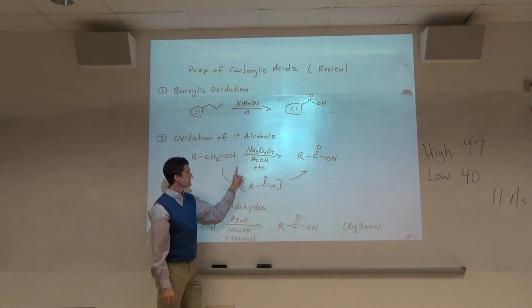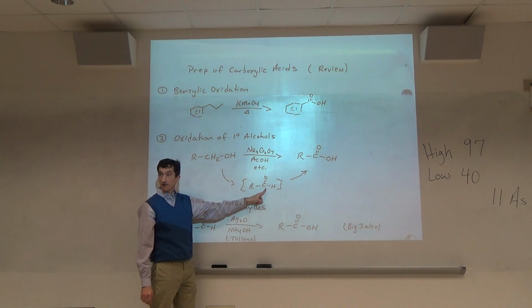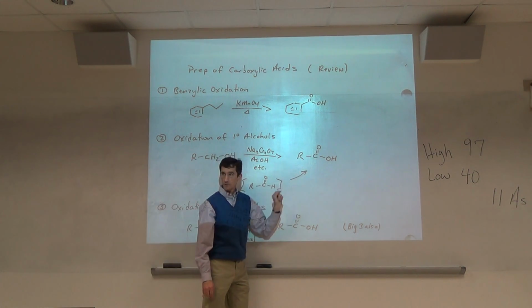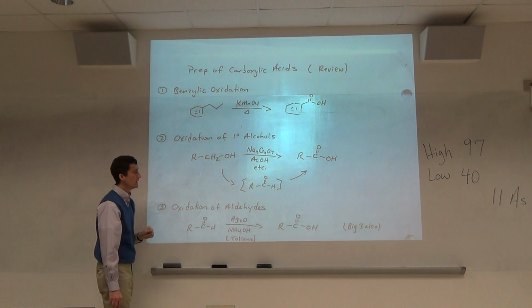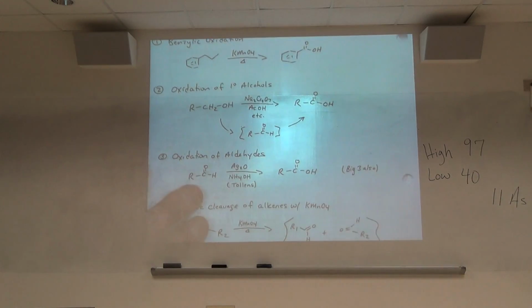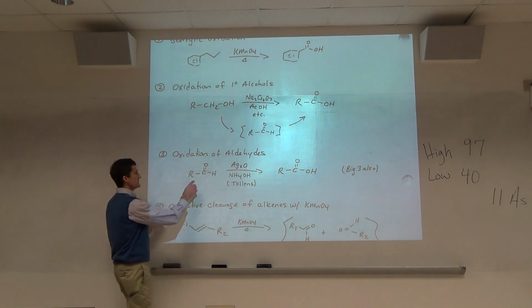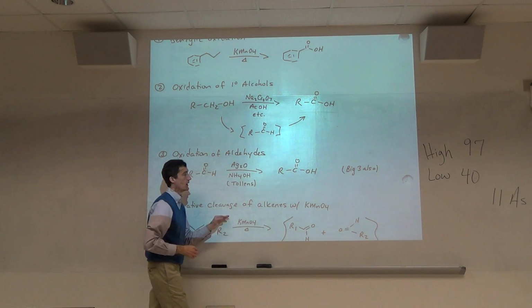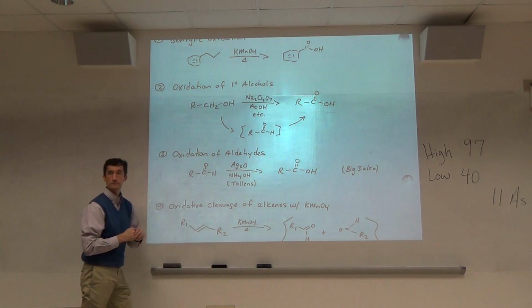What's the intermediate? You first get the aldehyde, and then it's further oxidized with one of these to the carboxylic acid. Or if you just have an aldehyde, what special reagent did we use for just oxidation of aldehyde? Tollens. Of course, the big 3 would do this also.